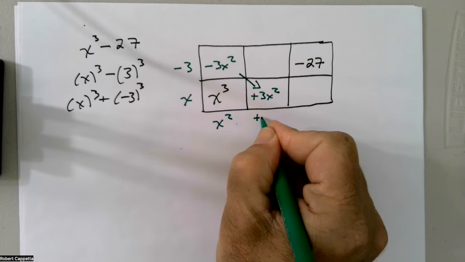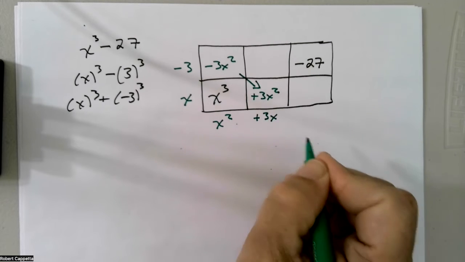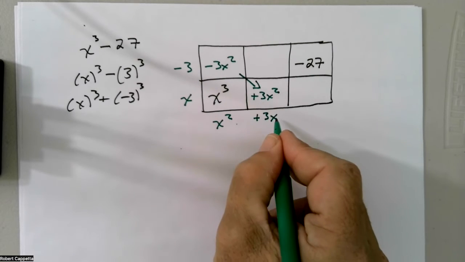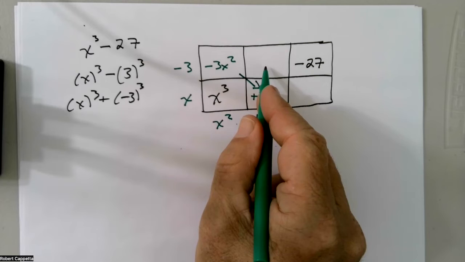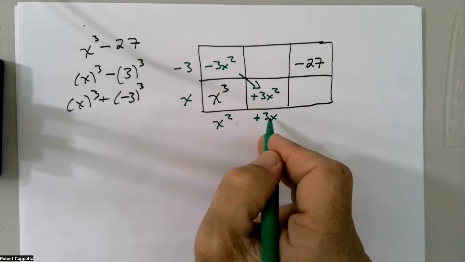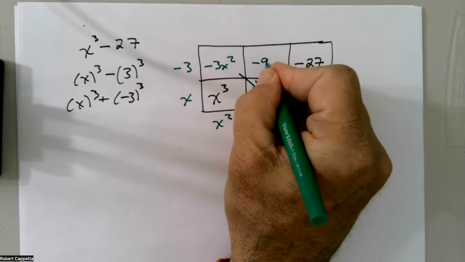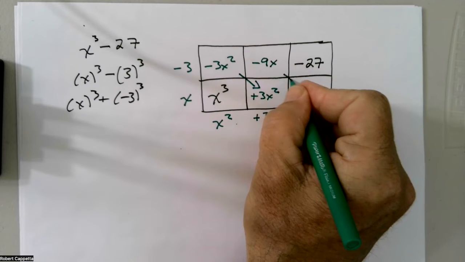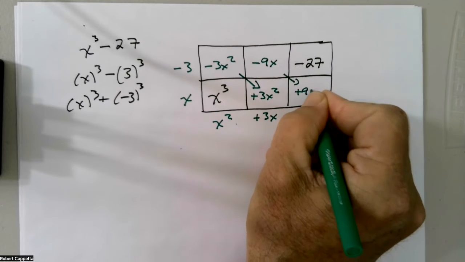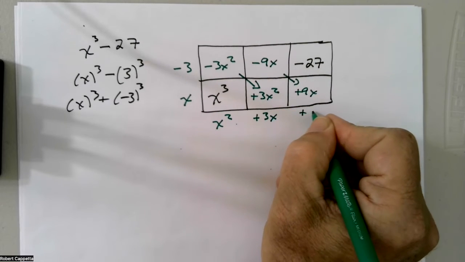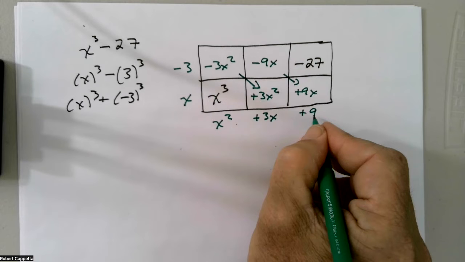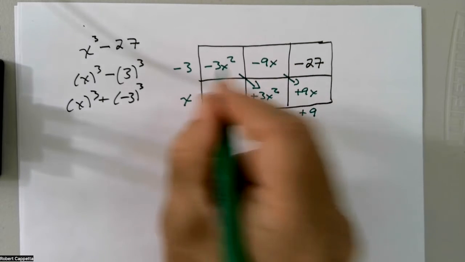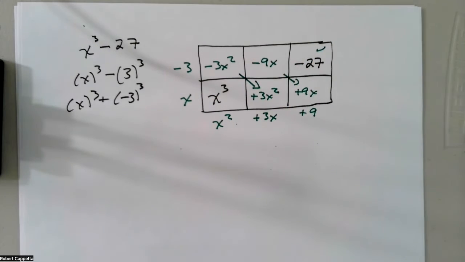That would be positive 3x. Negative 3 times positive 3x is negative 9x here. I need those to subtract out. This will be positive 9x. X times what is positive 9x? Positive 9. Positive 9 times negative 3 is negative 27.